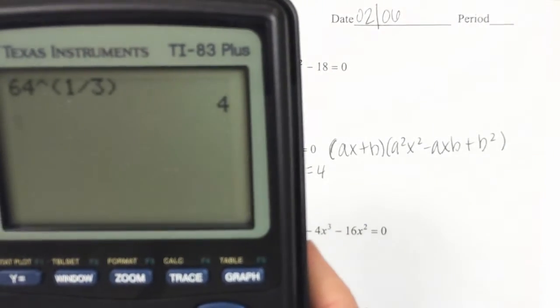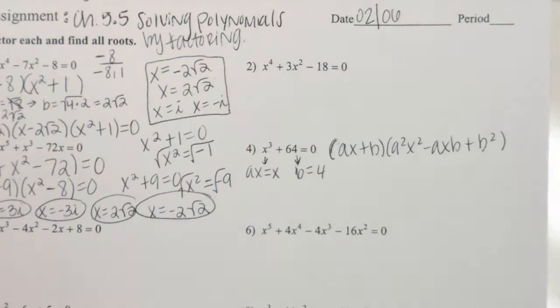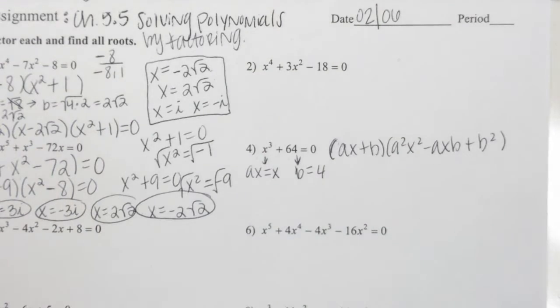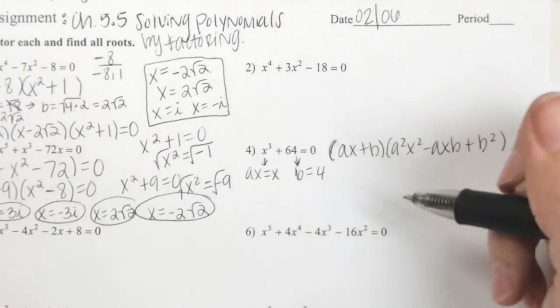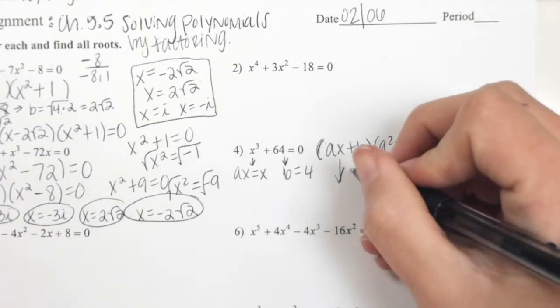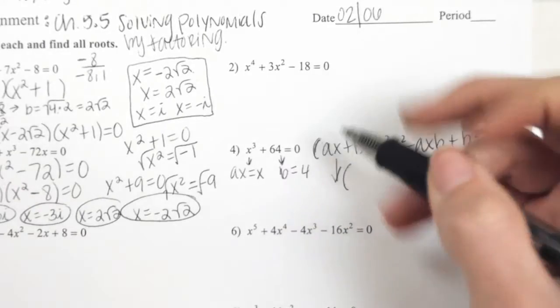You get 4. So now all we have to do is just plug it in the formula. So instead of ax plus b, I'll write it up here. It's going to be x plus 4.